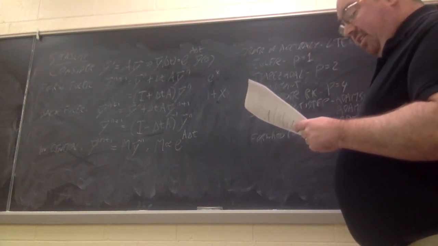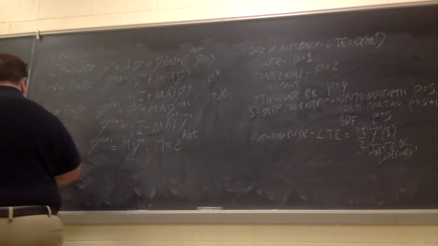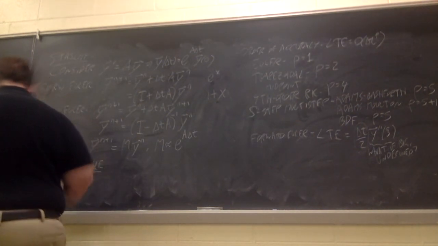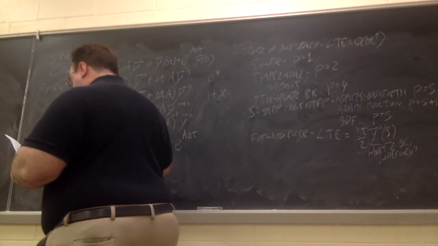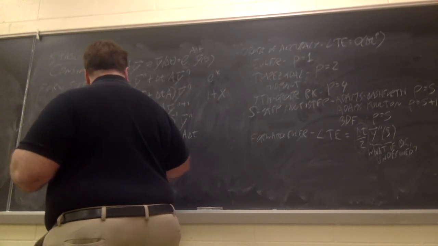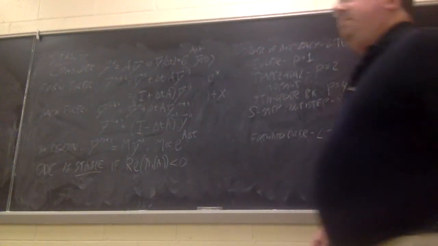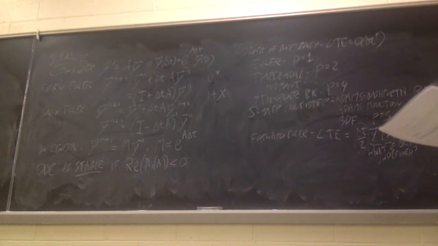Okay. So, now the thing is, the ODE is stable if the real parts of the eigenvalues of A are all negative. What this means is the solution will decay to 0 as t goes to infinity.